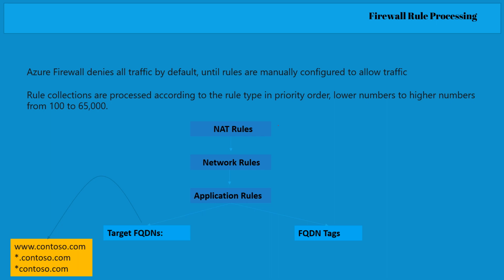So we have seen the NAT rule is going to be processed first. After that, it is going to process your network rules, and then it is going to process your application rules. Targeted FQDNs is something you need to define, and FQDN tags is something which is specific to Microsoft services.